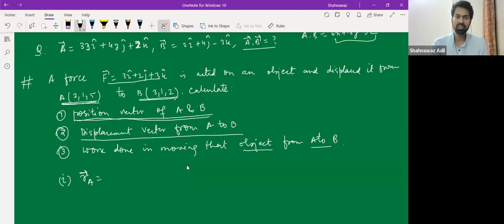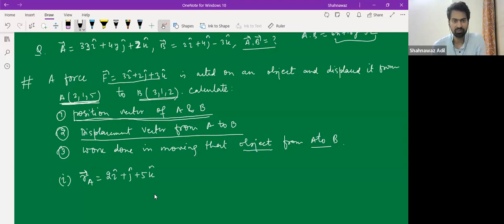Rishita, can you help Afaf and tell me what would be the position vector? So 2i plus j plus 5k. Whatever coordinates are given, we can write the position vector from the origin.